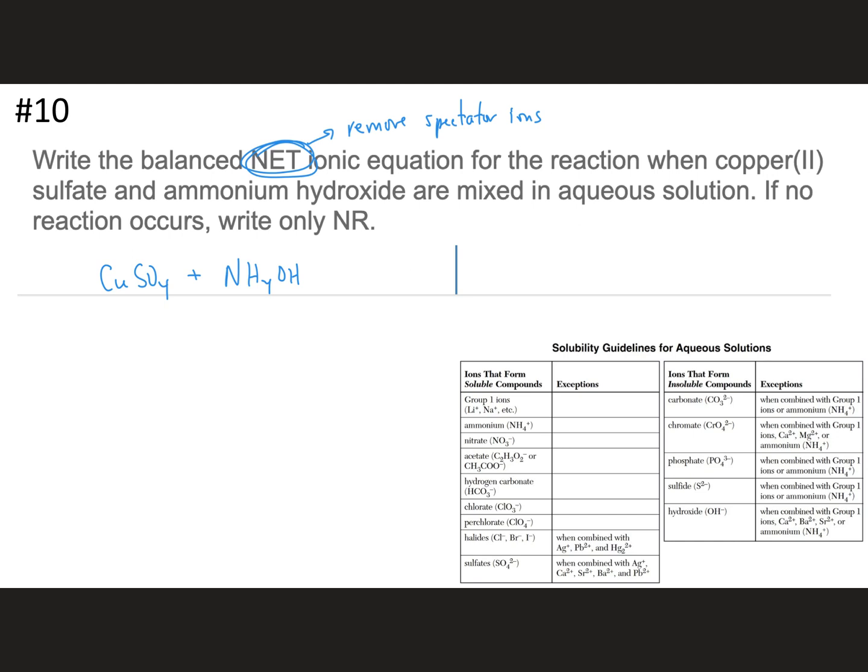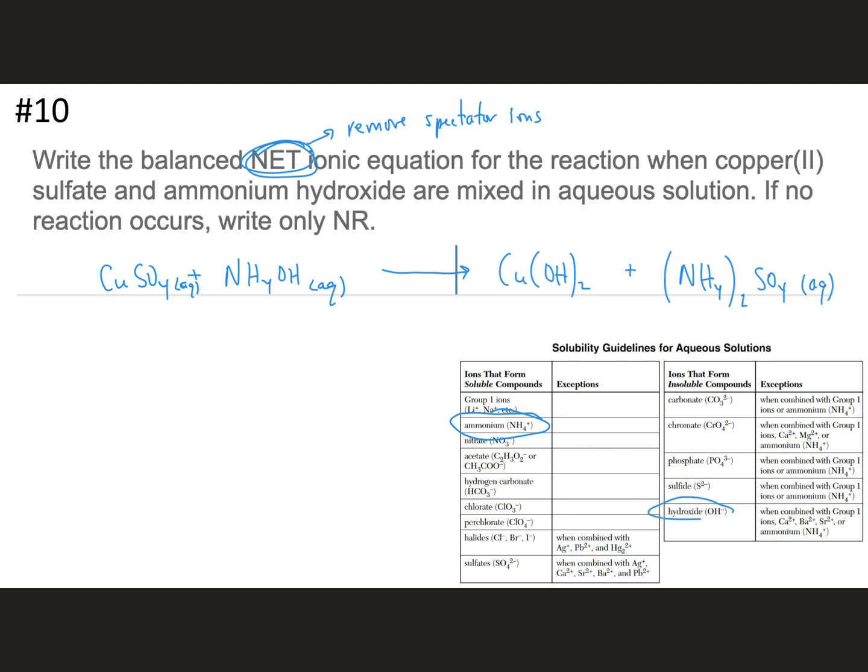Sulfate is always soluble with copper, so that would be soluble. Ammonium's always soluble. Those two are mixed together. My 2 possible products would be copper hydroxide and ammonium sulfate. We know all ammonium containing compounds are always soluble, so that makes this aqueous.